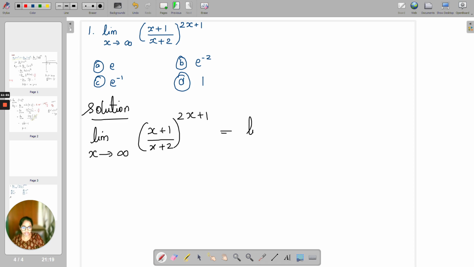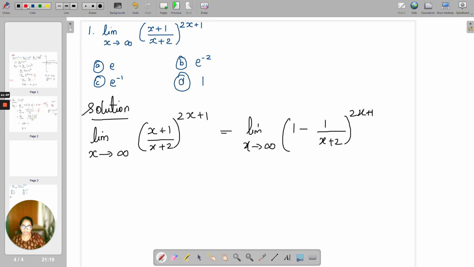I can write this as limit x tending to infinity, 1 minus 1 divided by x plus 2. If you ask me how I did that, let me take the LCM.